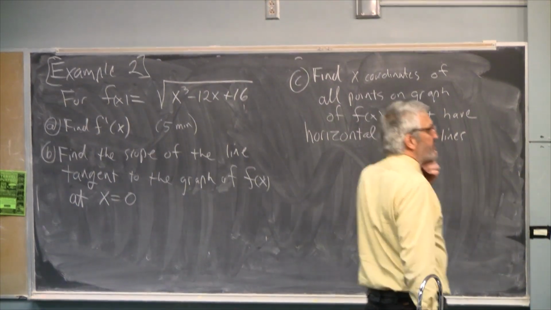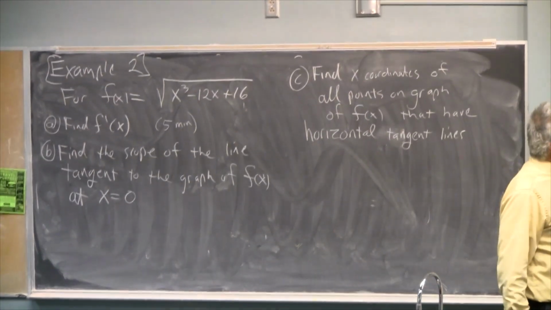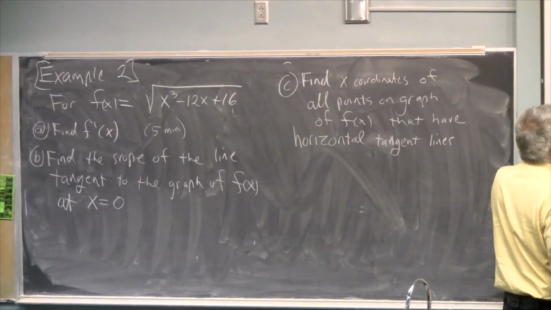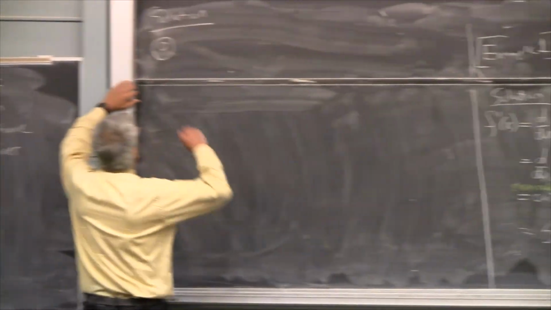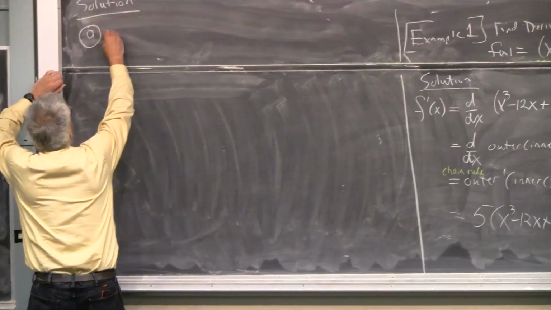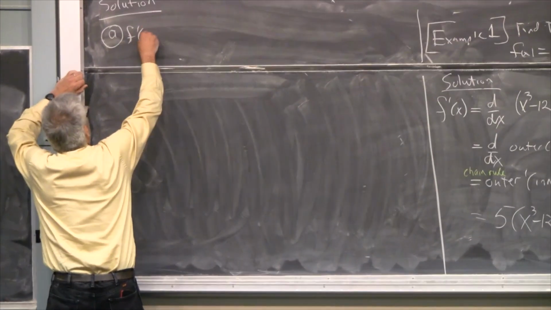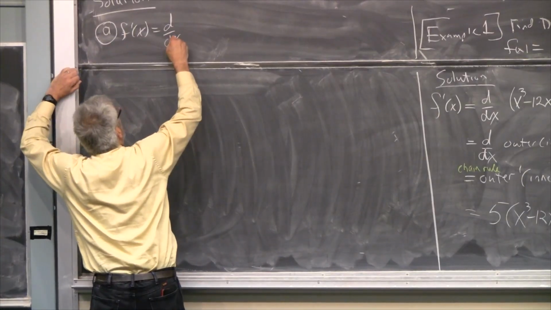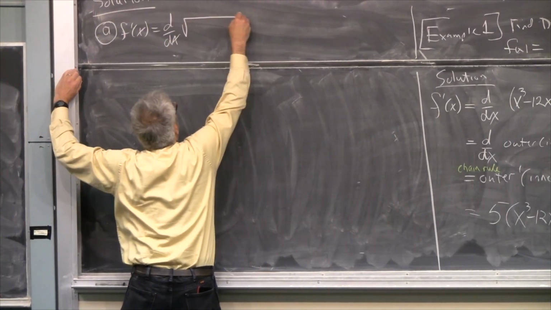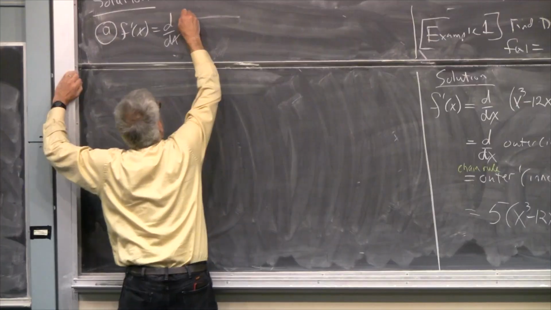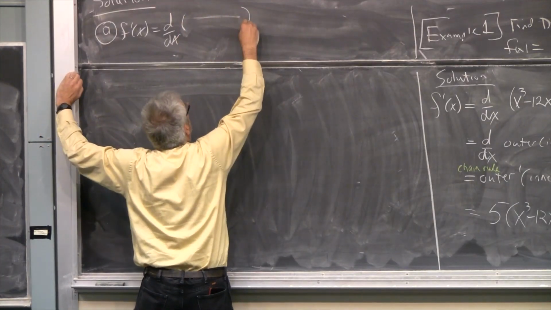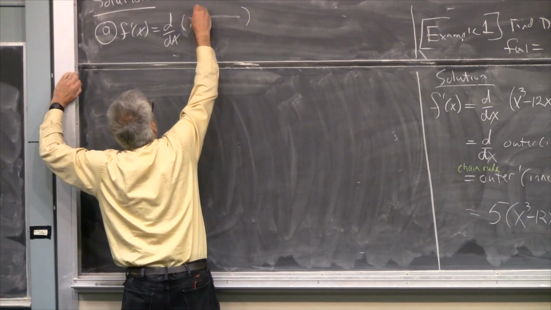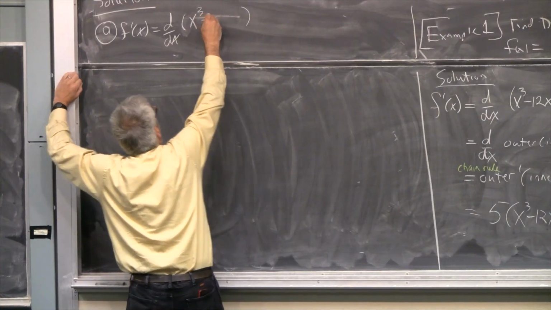All right, a bunch of you are doing the right thing, but with some mistakes. So here we go. Let's give it a go. f prime of x is the derivative of this thing. Now I'm going to write this as a power function.